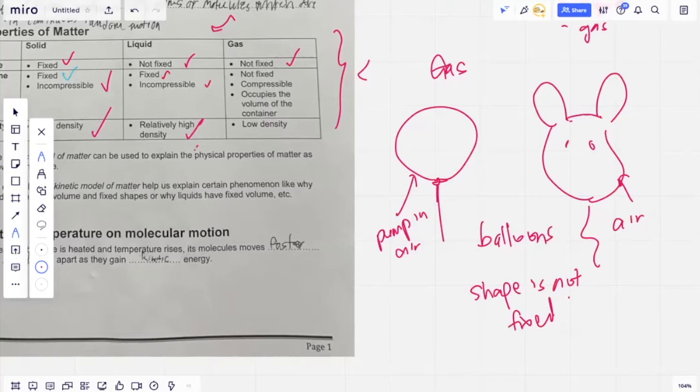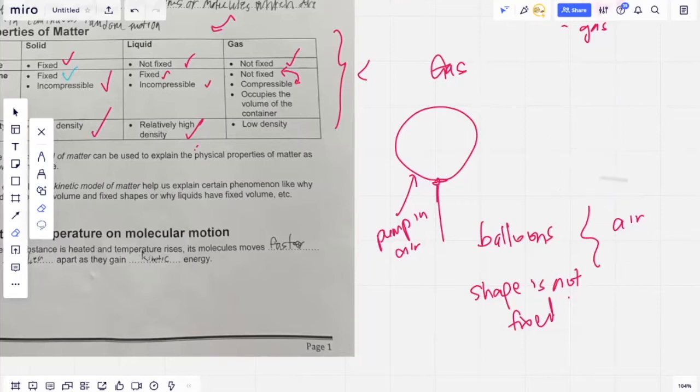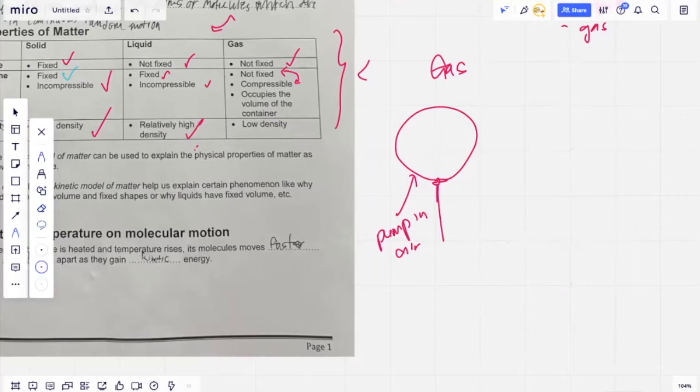So then the part about the volume of gases not being fixed and being compressible, this too is one explanation. So we will get rid of one balloon here. Then I would use my hand and try to squeeze the balloon.